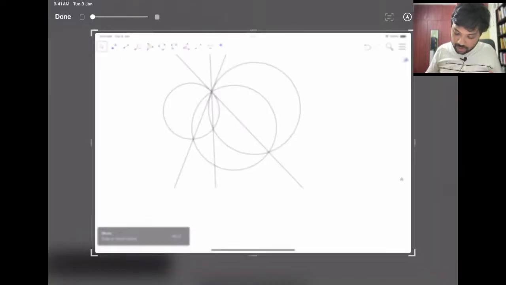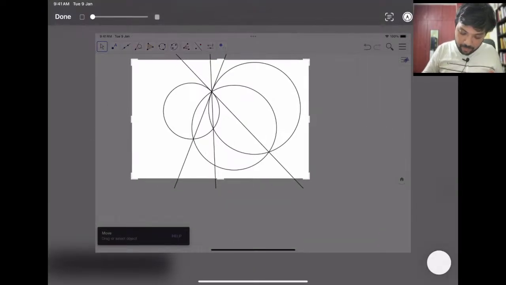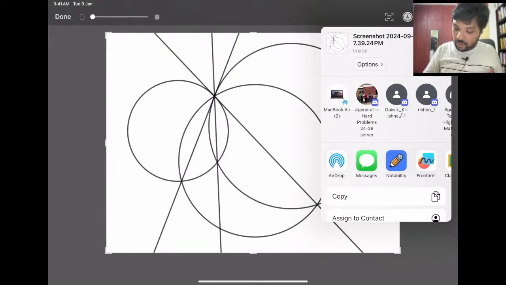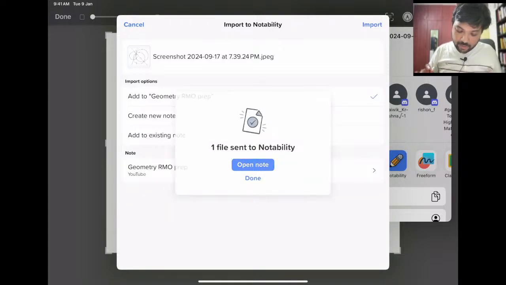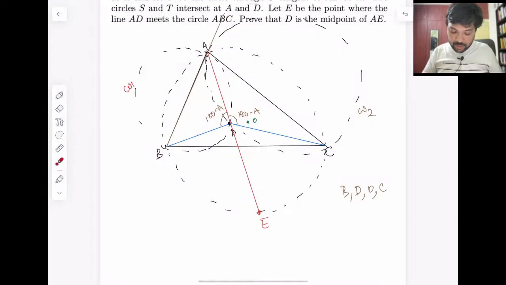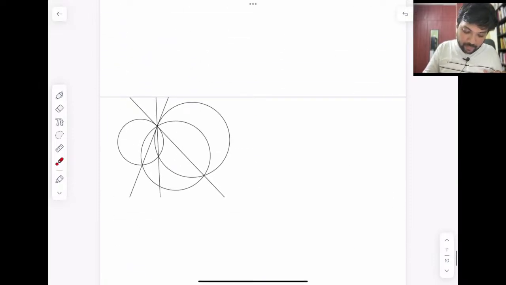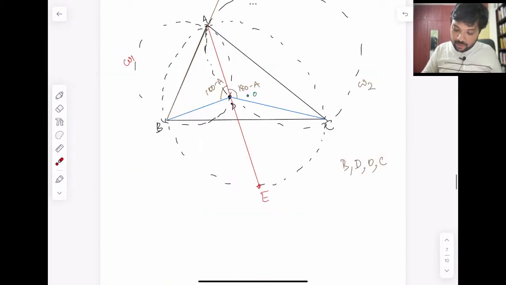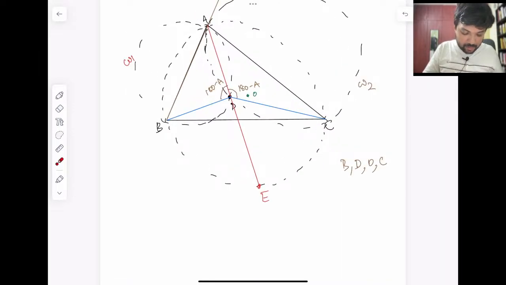So now we will transfer. Okay, and we will go to Notability, add to geometry prep. Okay, I think it's somewhere transferred here. All right, so we are ready now. Cut. Let's erase this entire thing.